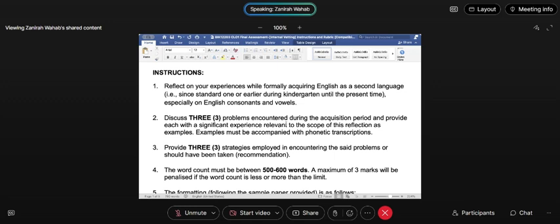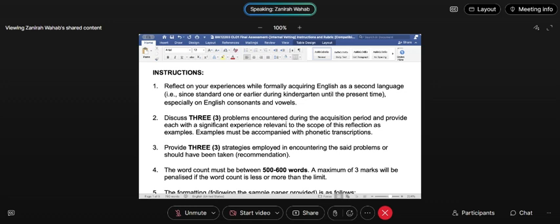So the experience that I would like you to share with me is when you formally acquired it, when you are in control of your memory and your learning experience, so that your memory is strong per se.